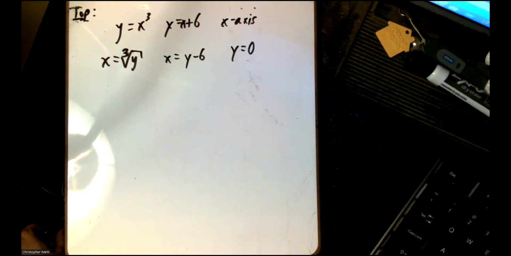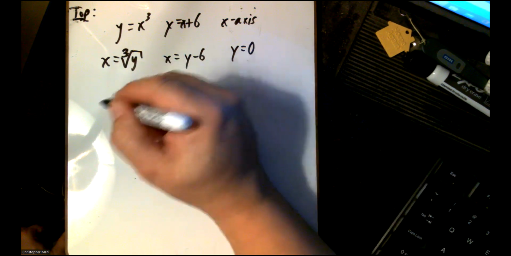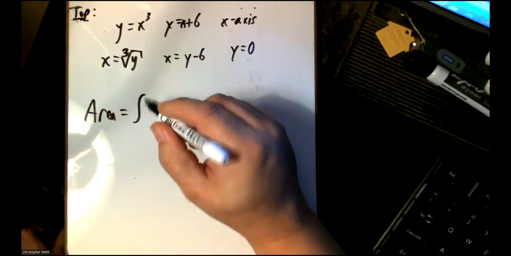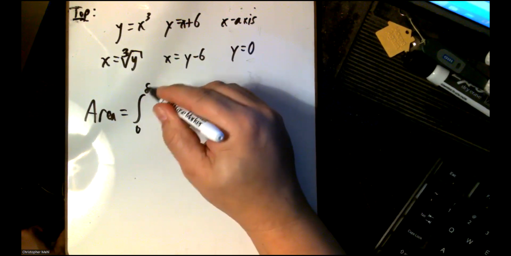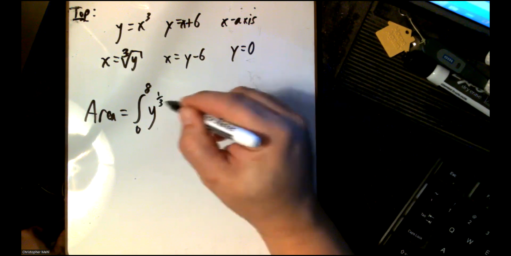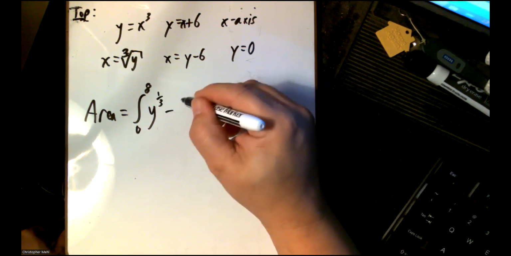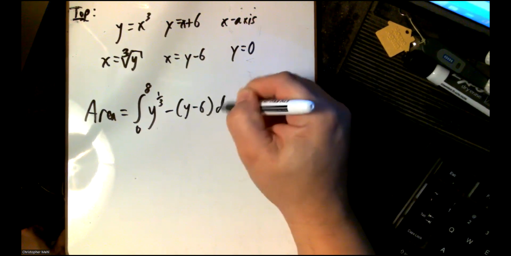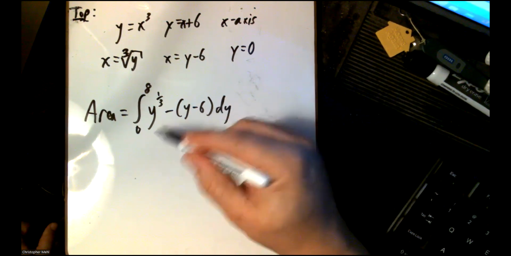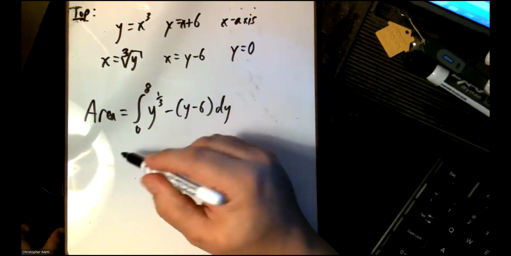So now I'm going to end up integrating. Instead of having to chop that area into two pieces, I can do it at once by integrating from 0 to 8 of the right piece, y to the 1/3, the cube root, minus y minus 6 dy, and I can do it that way. I treat it the same. There's nothing special. The variable of integration is a dummy variable.